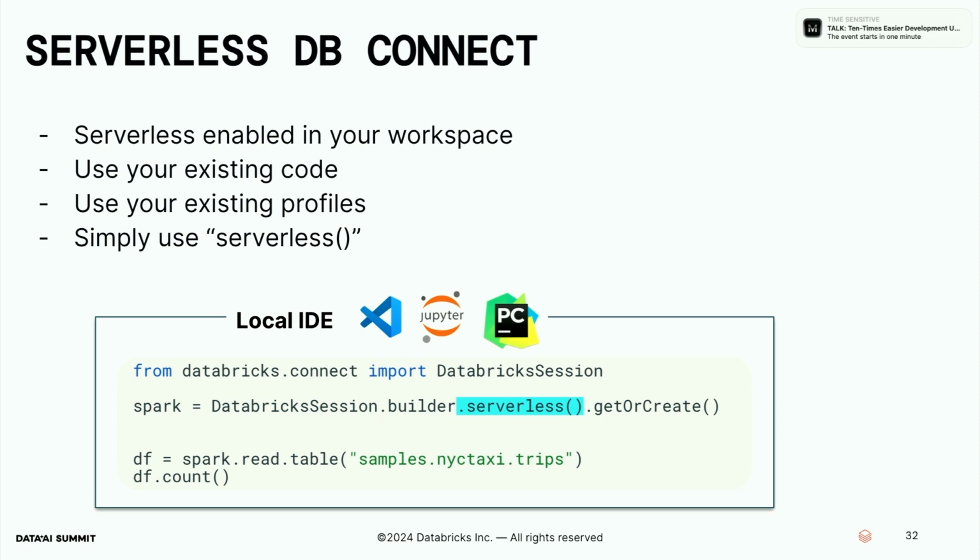You don't need to change the code. You don't need to start a cluster. You can reuse all the authentication you had before. If you use environment variables, this will work. If you're using inline configuration in the code, or if you use your profile like the one we showed before, that will also work.